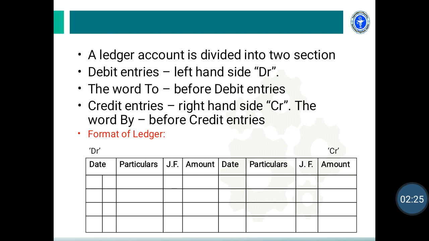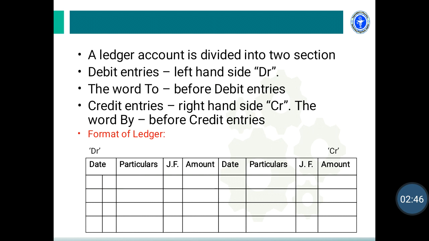This is the format for a ledger. A ledger mainly consists of 4 columns on each side. The first column is for the date on which the transaction is recorded. The second column is for particulars relating to the transaction.